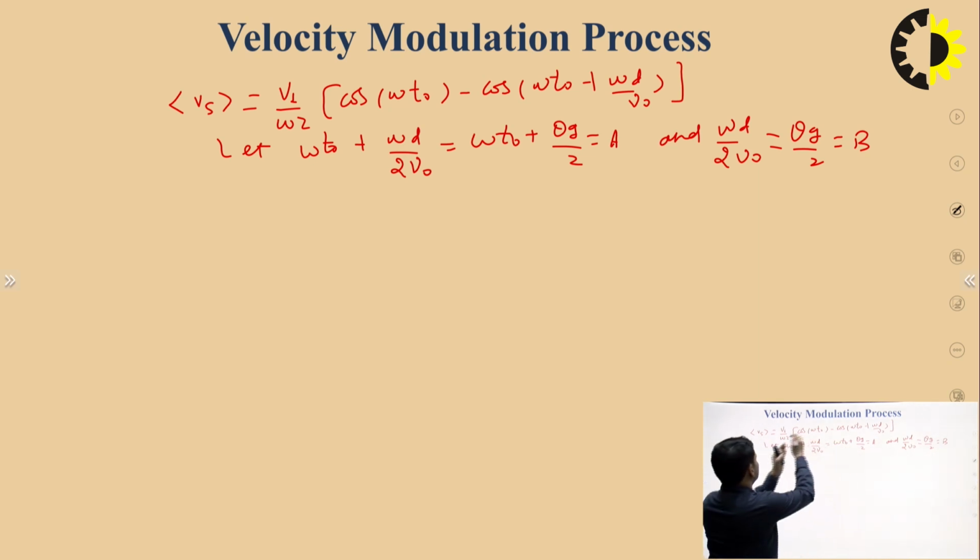When we arrange this equation in terms of constants a and b, the equation comes as cos of a minus b minus cos of a plus b.